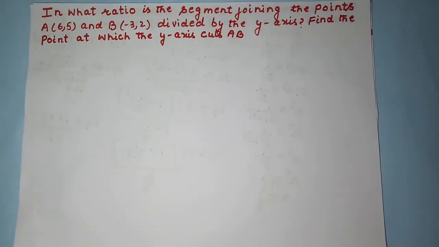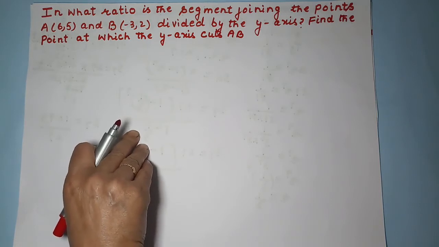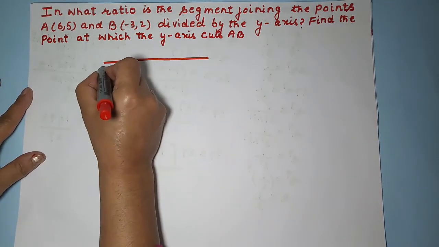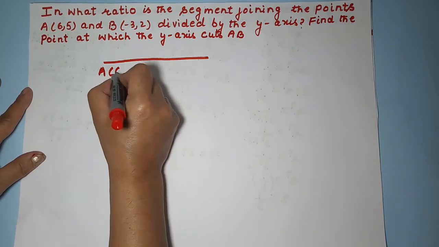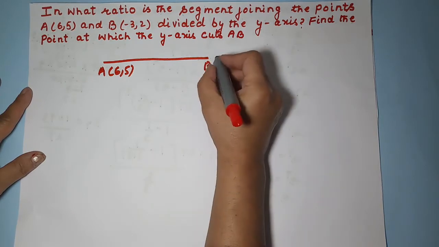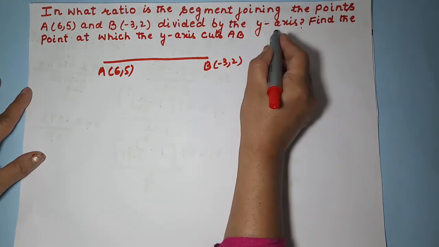Alright. We'll take another sum. He's saying that in what ratio is the segment joining the points A and B divided by the y-axis? Okay. So we have a line segment whose one endpoint A is (6, 5) and another endpoint B is (-3, 2).